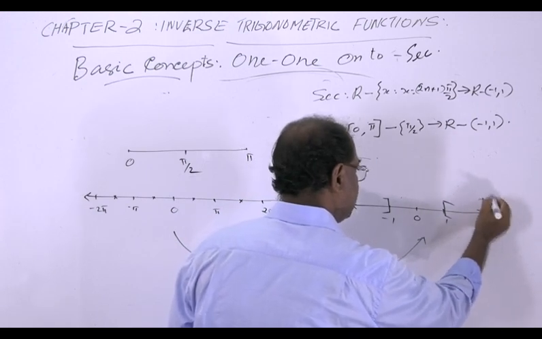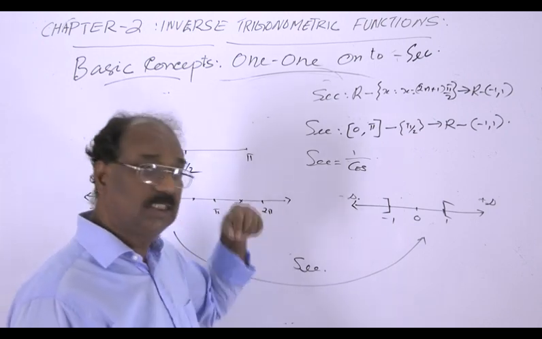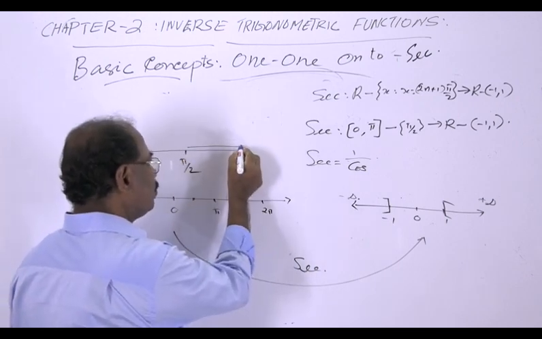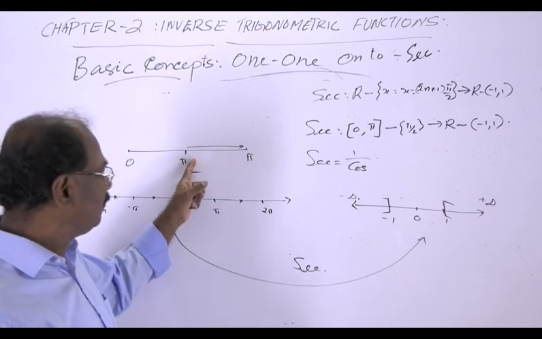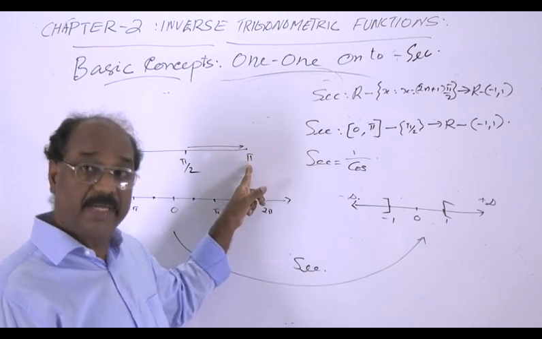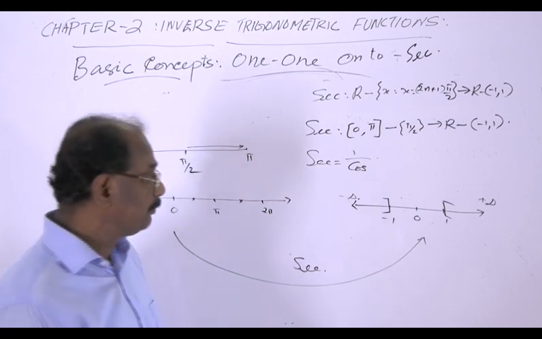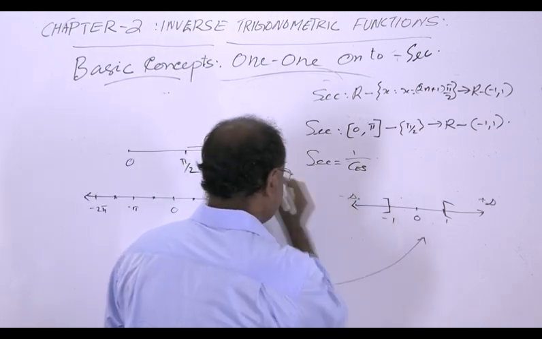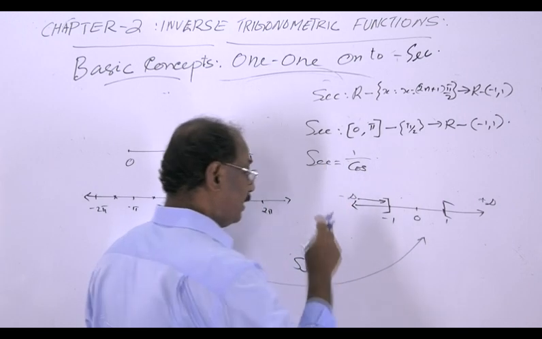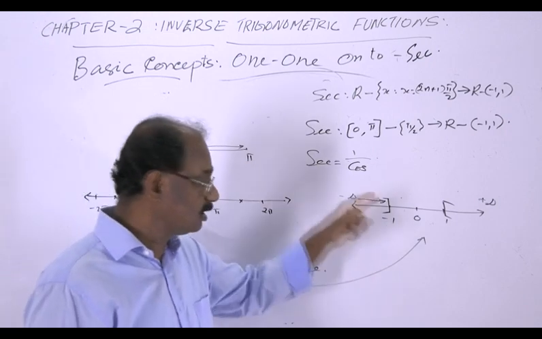As we advance from pi by 2 to pi, the value of cosine numerically increases, and at pi it becomes minus 1, since cos pi is minus 1. So the secant value becomes close to minus 1, and finally attains minus 1 at pi.